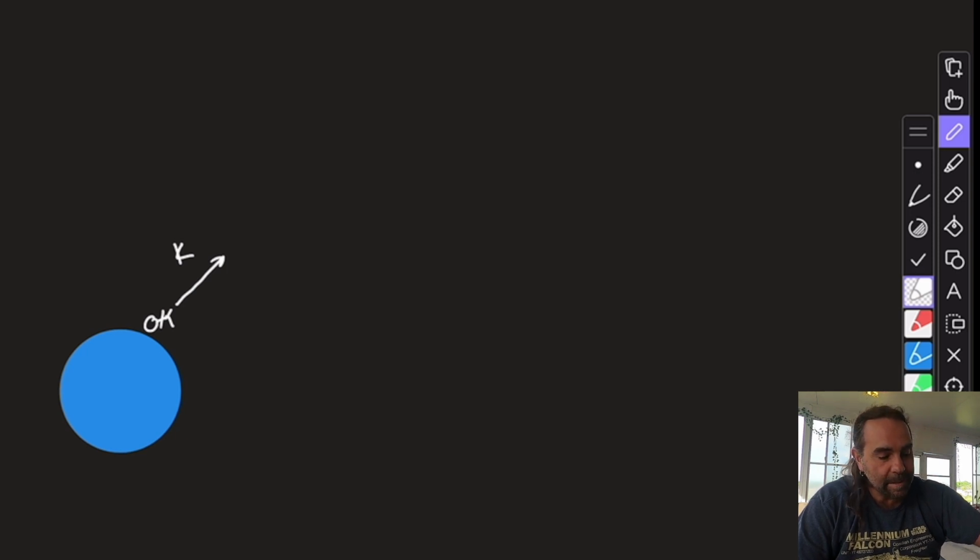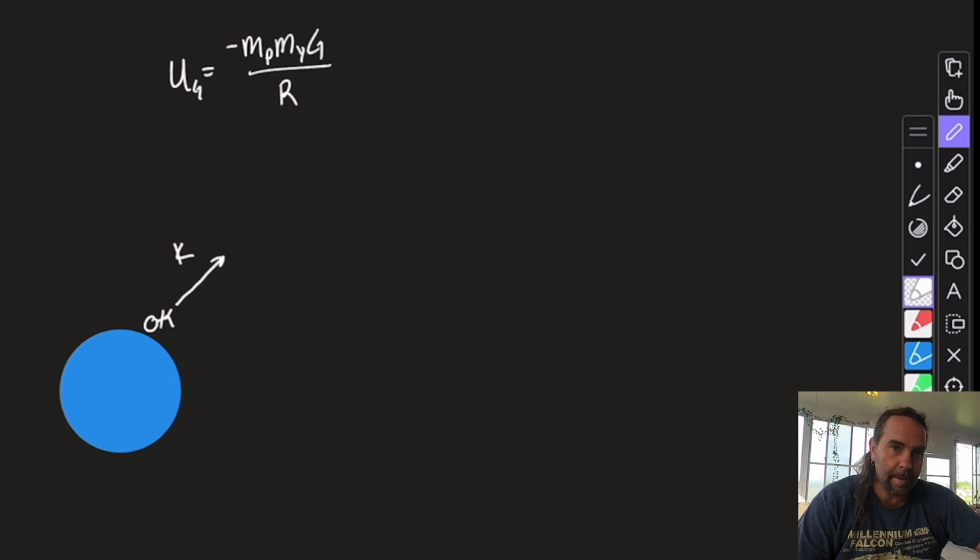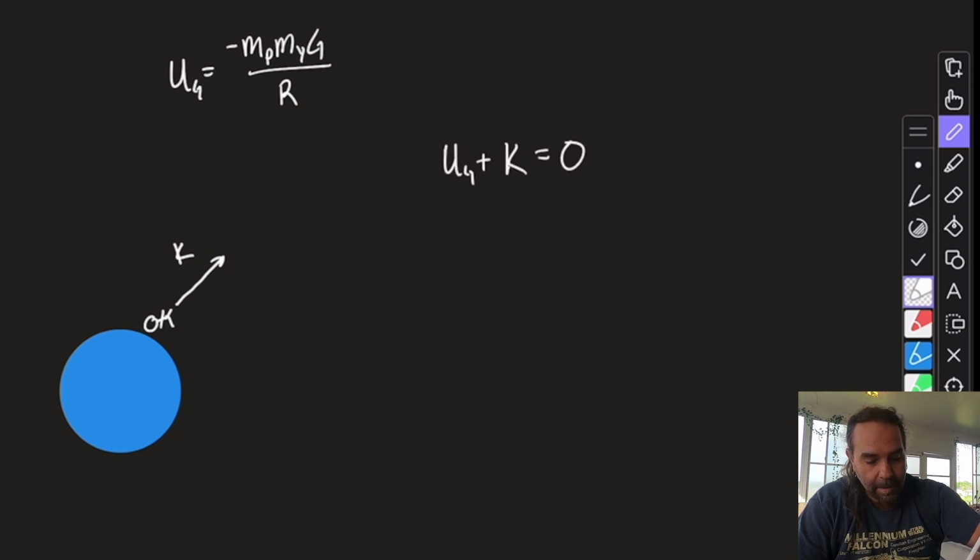Well, by our definition of gravitational potential energy, where the reference level has been set at infinity, to get you off the planet, I need to give you enough kinetic energy so that when I add your gravitational and your kinetic together, it equals 0. Meaning, I am going to give you enough velocity on the surface of the planet so that you make it all the way out of the gravity well, and at the point you're at the edge of the gravity well, you have 0 energy. That's the minimum amount of energy needed to kick you off the planet.